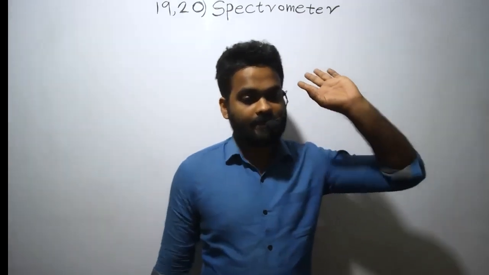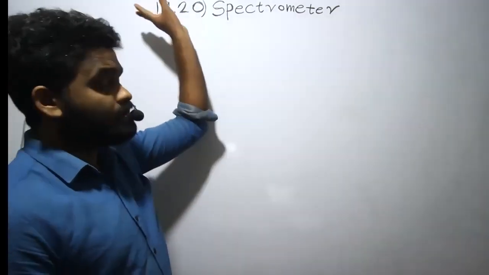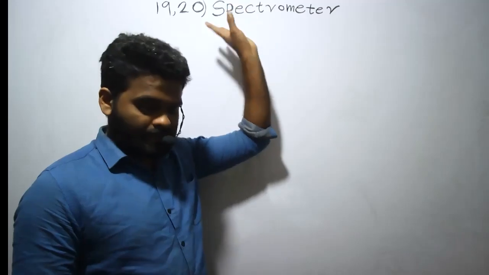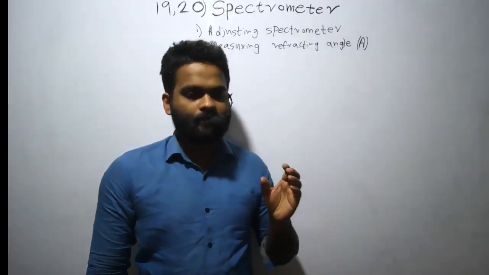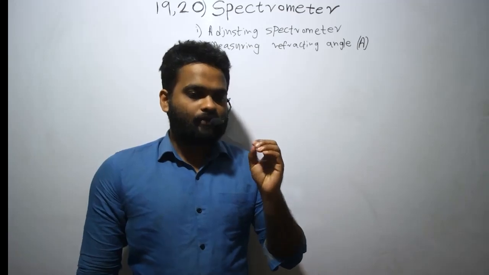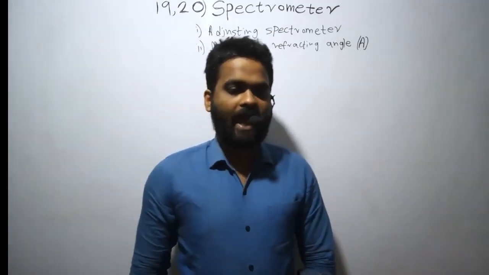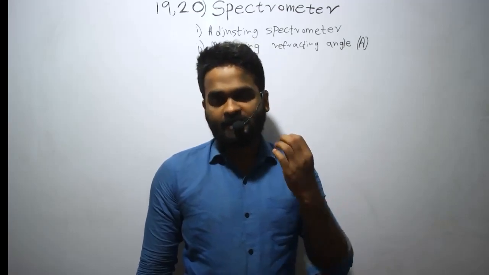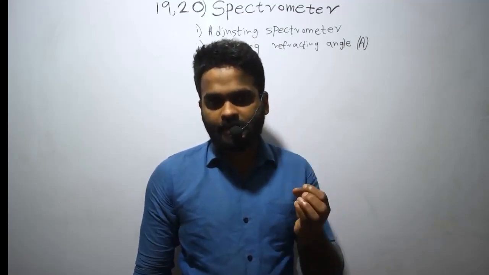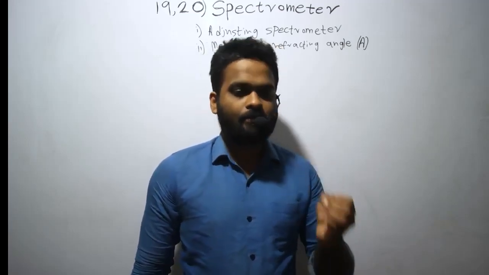Okay, so in the practical book it is 19 and 20. So here, first we are going to adjust the spectrometer, right? So that is the difficult part. Once you adjust the spectrometer, you can easily take measurements.